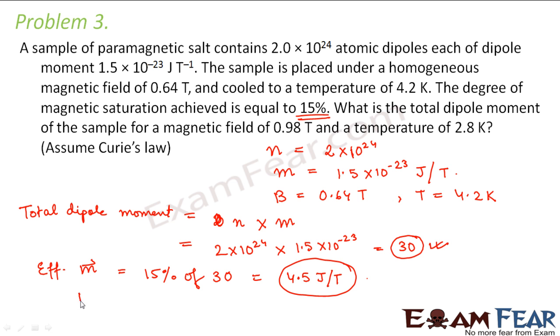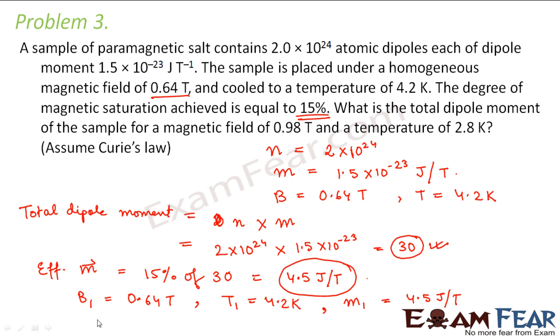So this is the effective magnetic moment of the substance on the application of the magnetic field. So what do we see now? In the first case, the magnetic field applied is 0.64 Tesla, the temperature is 4.2 Kelvin, and the magnetic moment is equal to 4.5 joule per Tesla.